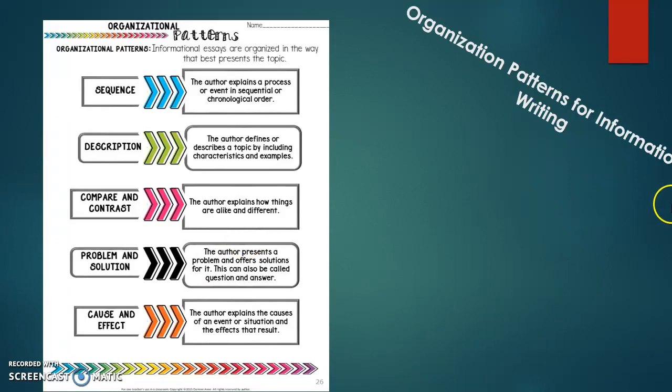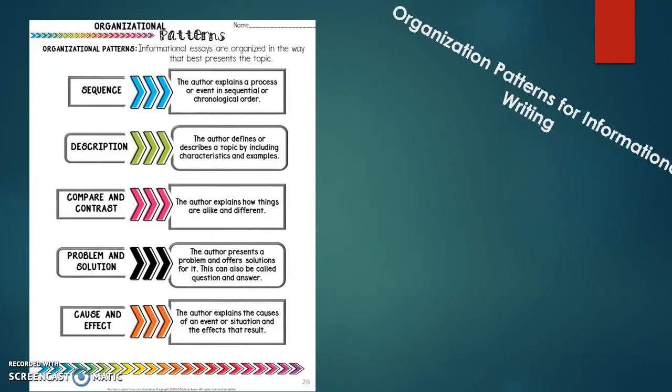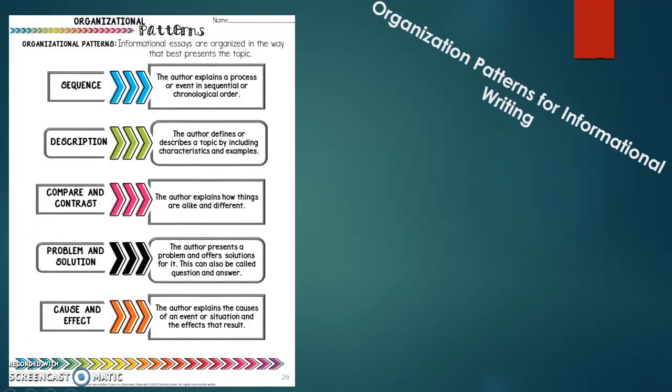Okay, so when I mentioned structure, here are some different examples of ways to organize your information in informational writing. The first is sequencing. This is when you put things in order of how they happen, chronological order. If it's dates, you want to start with the earliest date and work your way to the most recent.